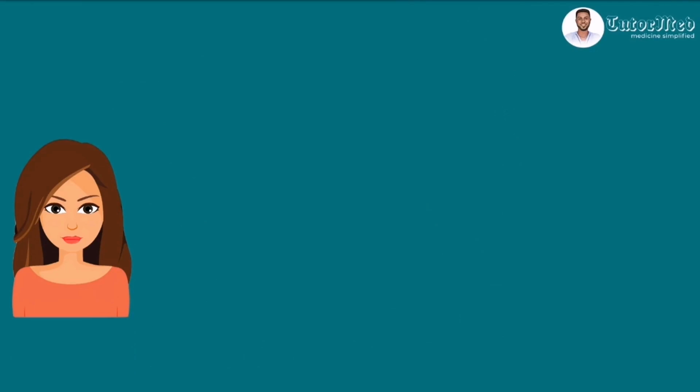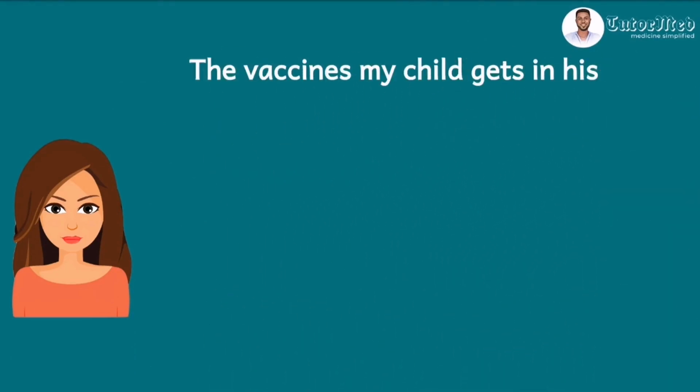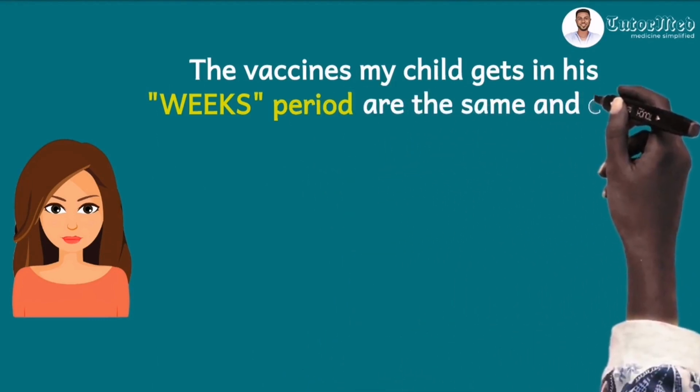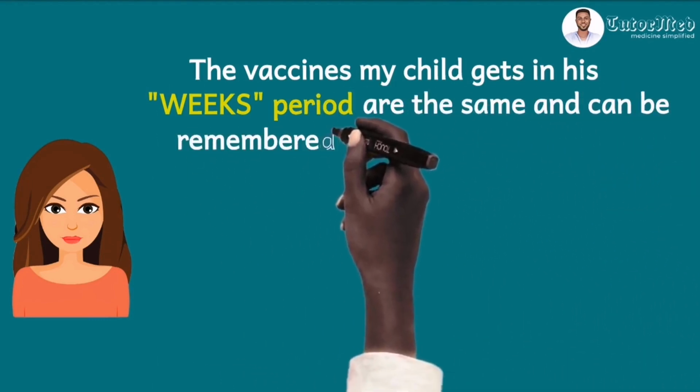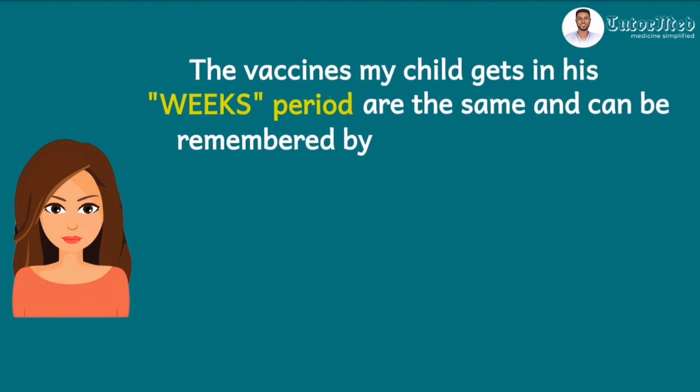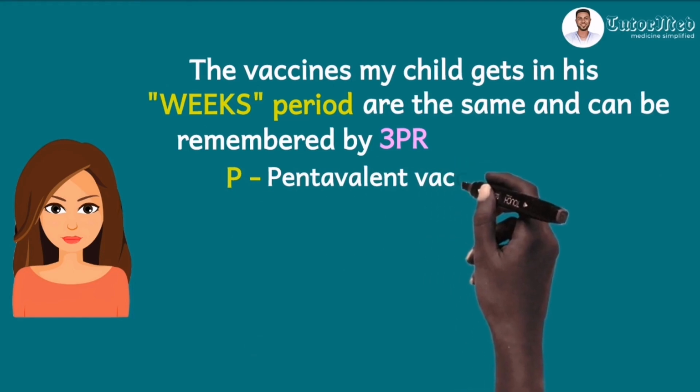Good. And so the mother continues her narrative. She says, the vaccines my child gets in his week category are the same and can be remembered by using the abbreviation 3PR. So 3 P's and 1 R. The first P stands for the pentavalent vaccine, which is a 5-in-1 vaccine.